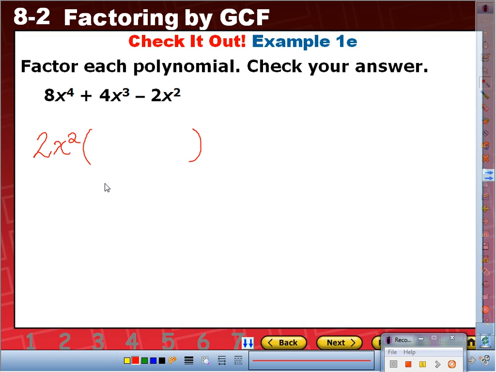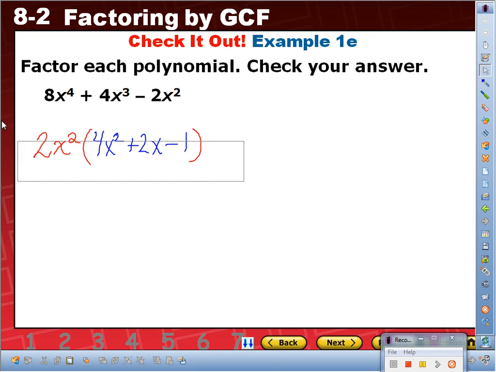Okay, we'll get there. Let me double check that. 8x to the 4th divided by 2x squared, that's 4x squared. 4x cubed divided by 2x squared, that's 2x. Negative 2x squared divided by 2x squared, that's negative 1.